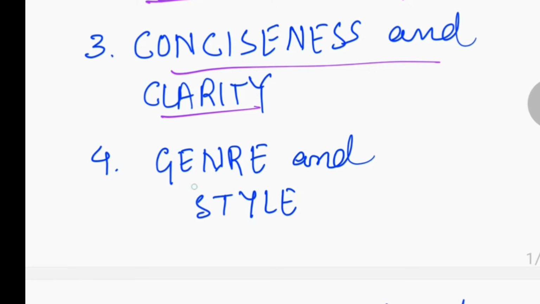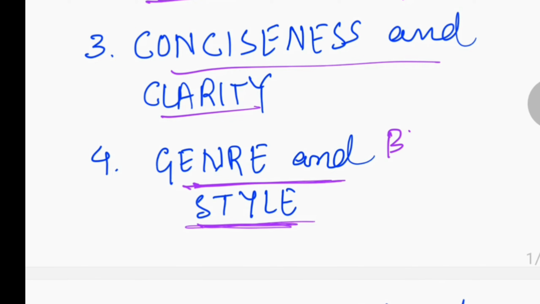Then the next one is genre and style. So genre and style basically checks the register, the tone, and the use of abbreviations in the letter. So it's basically whether your letter is professional and formal or not. Let's take an example of the abbreviations I'm talking about. You should not be using too many abbreviations here.